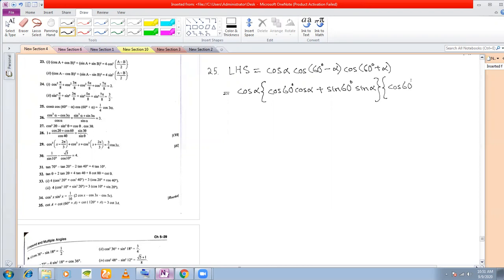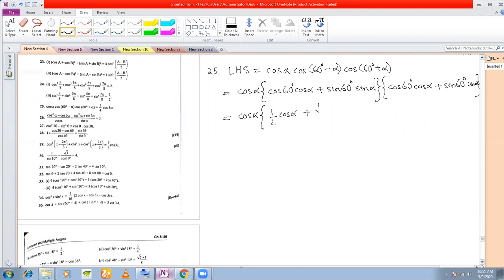Cos 60 cos alpha plus sin 60 sin alpha. Cos alpha, and cos 60 is half, so you have half cos alpha.